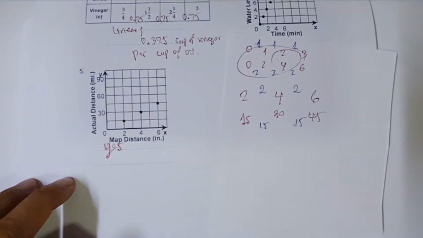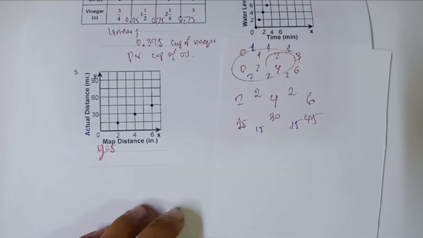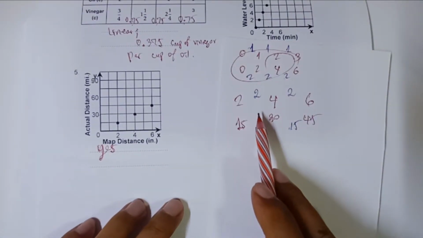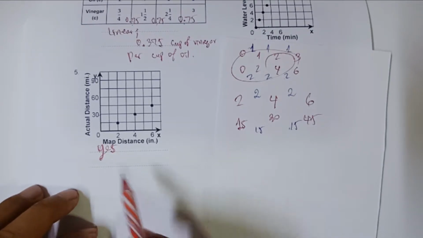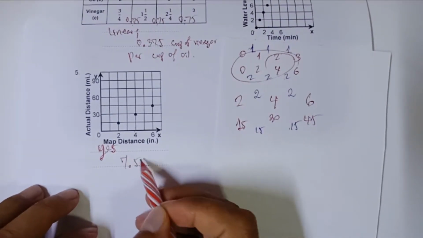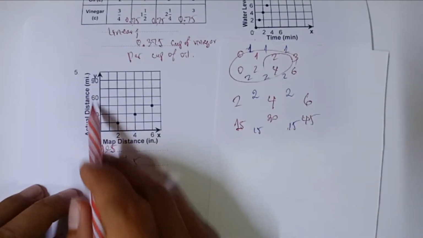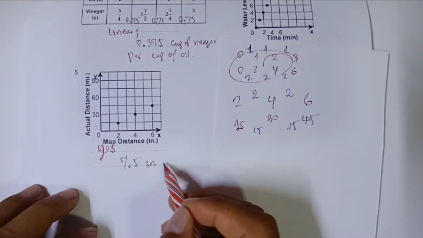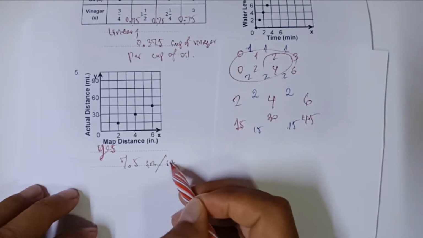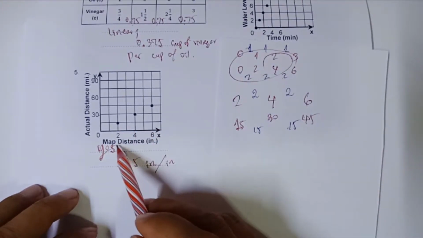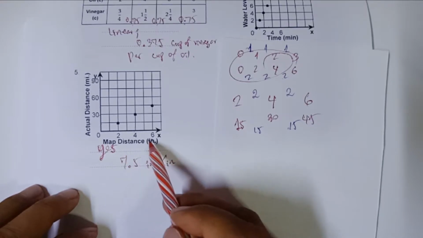And then now for constant rate of change, 15 divides 2, you will have this as 7.5. This belongs to miles. In this case, 7.5 miles per inch. This we talk about distance in map distance.